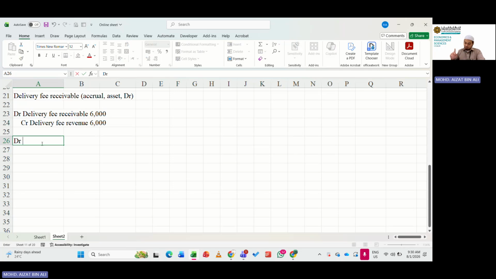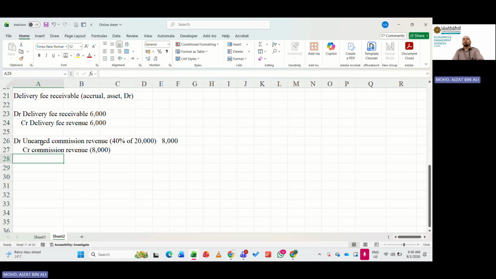In this case, the journal entry is debit unearned commission revenue by exactly 40% of 20,000 ringgit. So here we got 8,000, right? And then credit commission revenue, exactly the same amount, 8,000 ringgit. So that is number five.